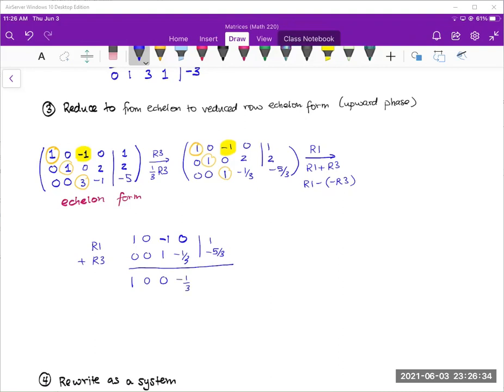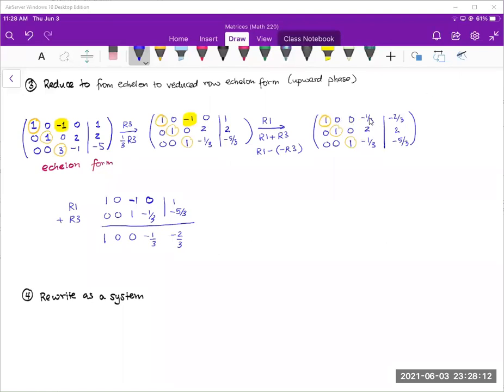And then 1 minus 5/3 is going to be negative 2/3. So this will go in row 1. Okay, so we have our new row 1 in here. If we look at our leading terms, notice that they're all equal to 1. And they move down and to the right because they're in echelon form. And above each of them, we have all zeros. Okay, so we are now in the reduced row echelon form.